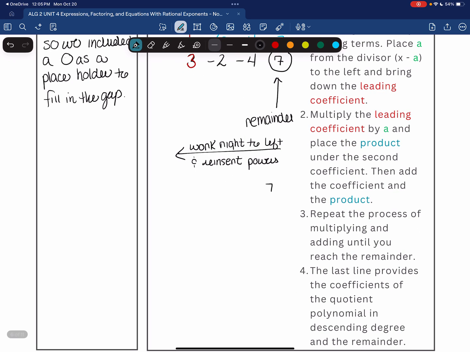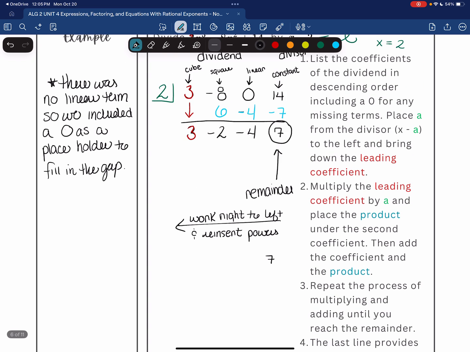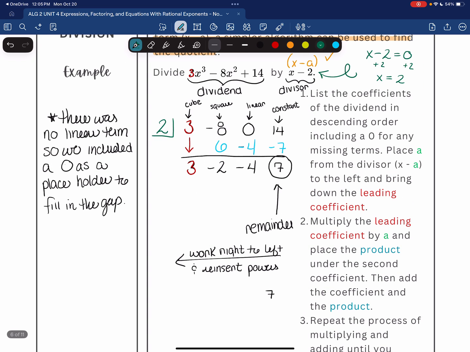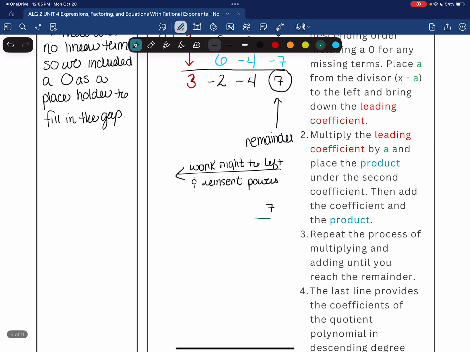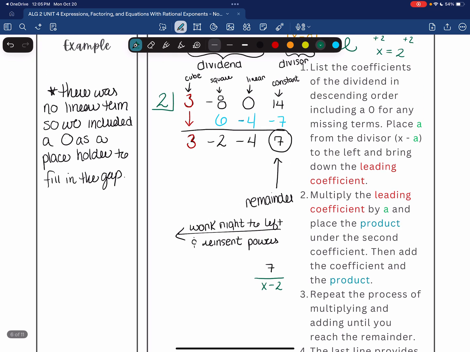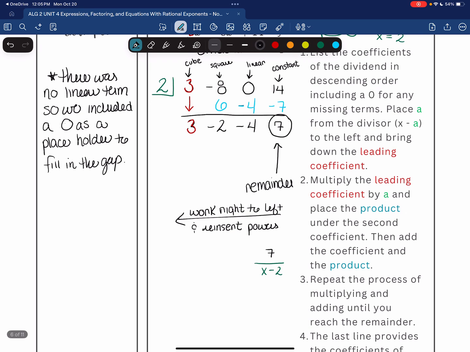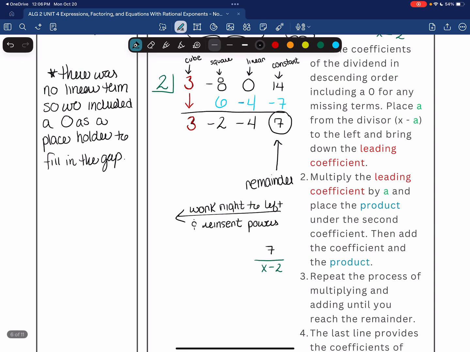Okay, so 7 is my remainder. Remainders, you always will write them over what you were dividing by. So it was the quotient of x minus 2. Then the next after that is the -4. That 7 was positive, so we'll put plus that remainder.